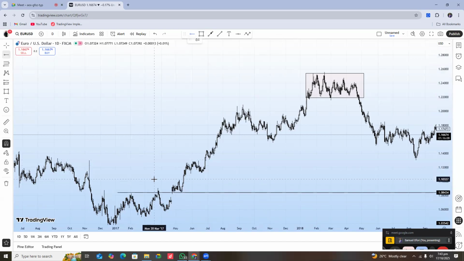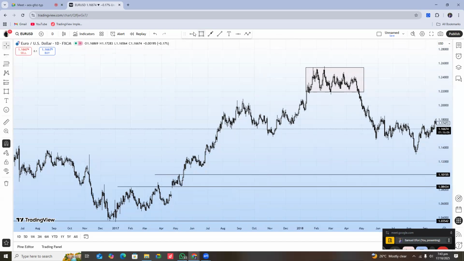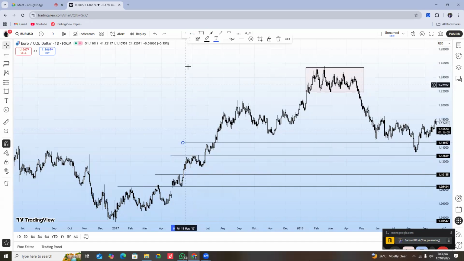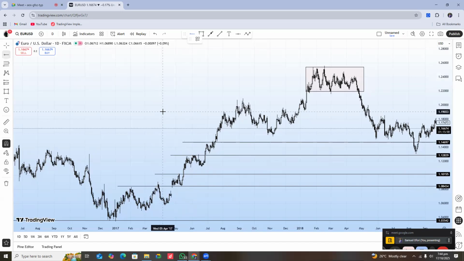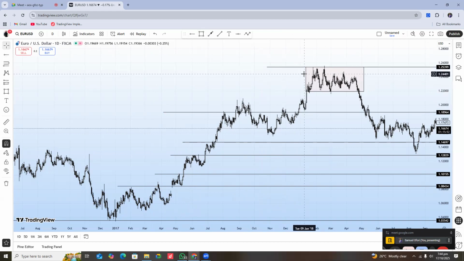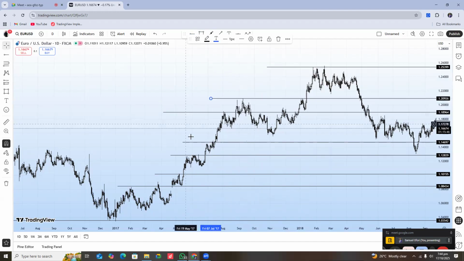So I mark it. I have this one here. Then I have this one too. I have this as well. And then I have this. No, in fact, this one is also a high. This one.